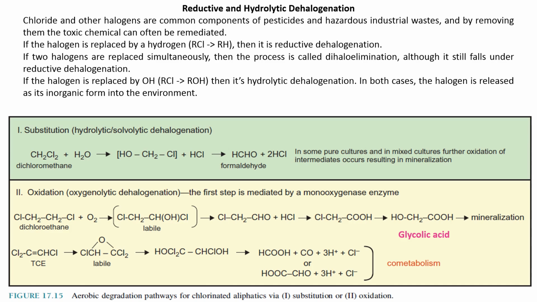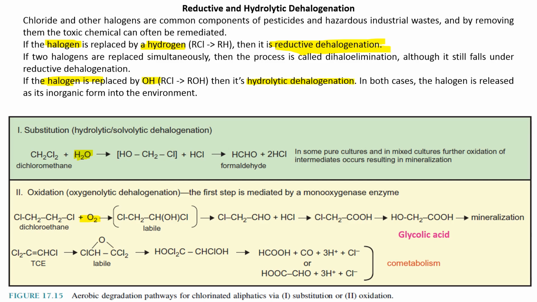So a cell produces certain enzymes where it introduces H2O, water, or introduces oxygen to remove the halogen. If there is chlorine, it introduces hydrogen and removes the halogen, which is called reductive dehalogenation. And if that halogen is removed by OH, it is called hydrolytic dehalogenation.